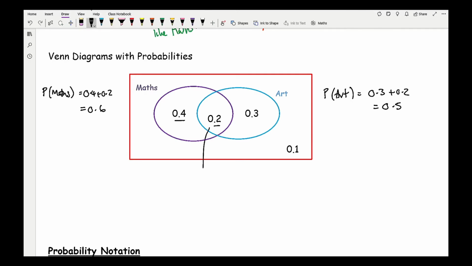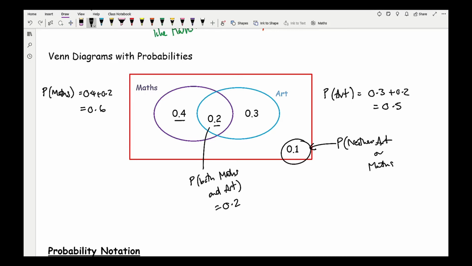The probability of both maths and art would be 0.2. And the probability of neither art nor maths would be 0.1.